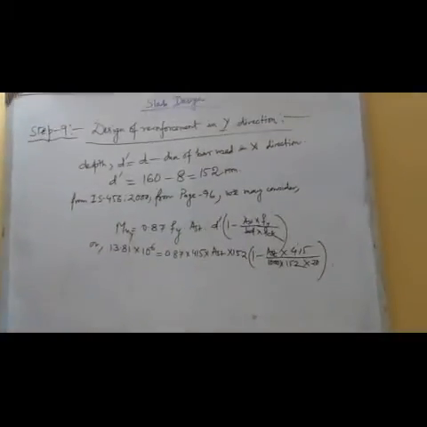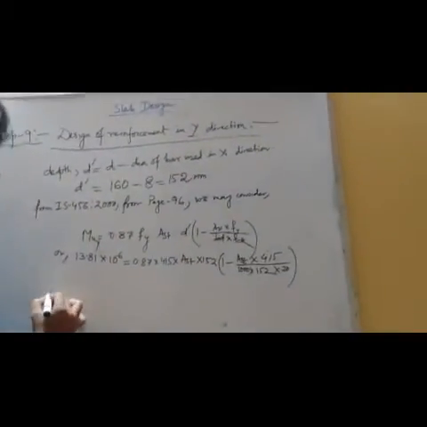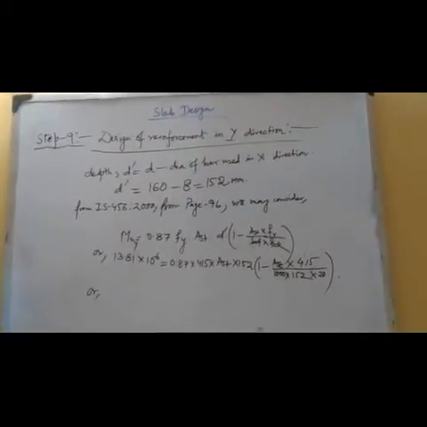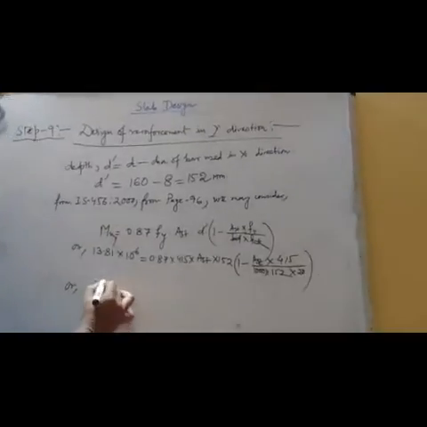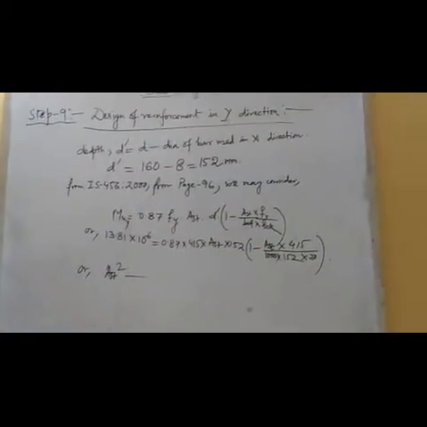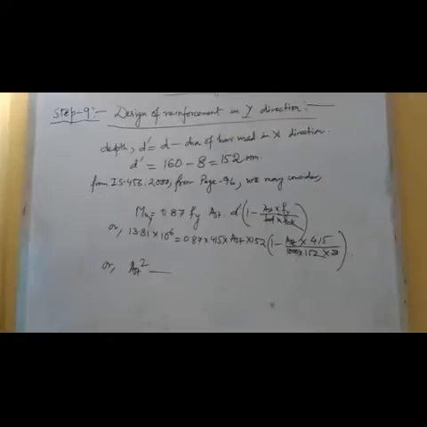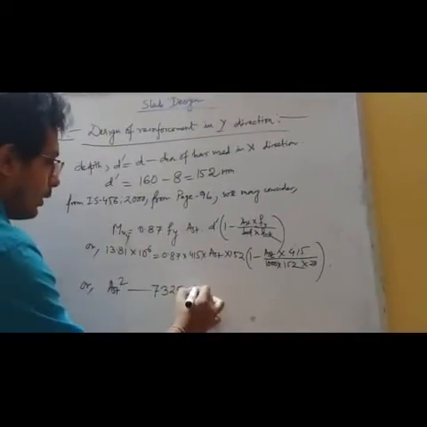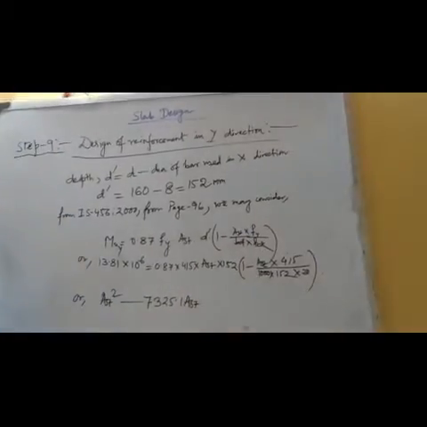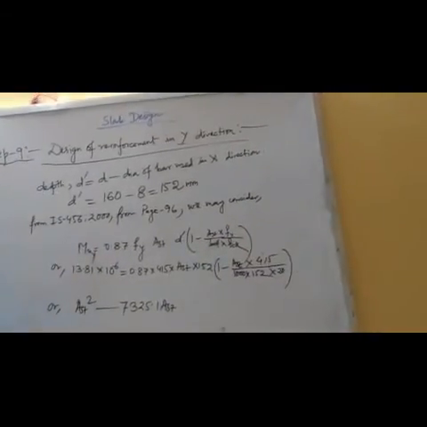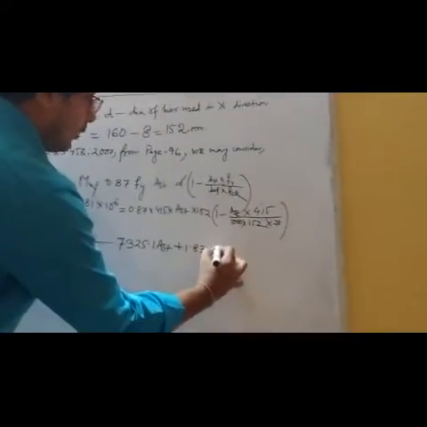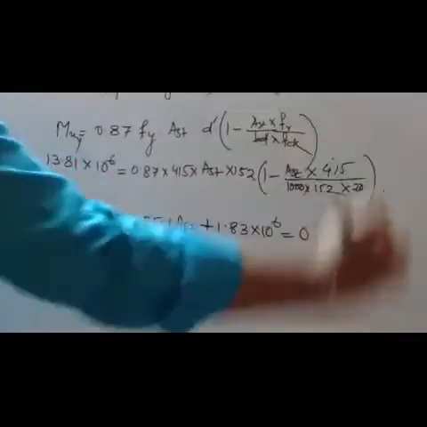Now if we calculate it in a simplified form, you will get a quadratic equation of Ast square minus 7325.1 into Ast plus 1.83 into 10 to the power 6 equals 0.